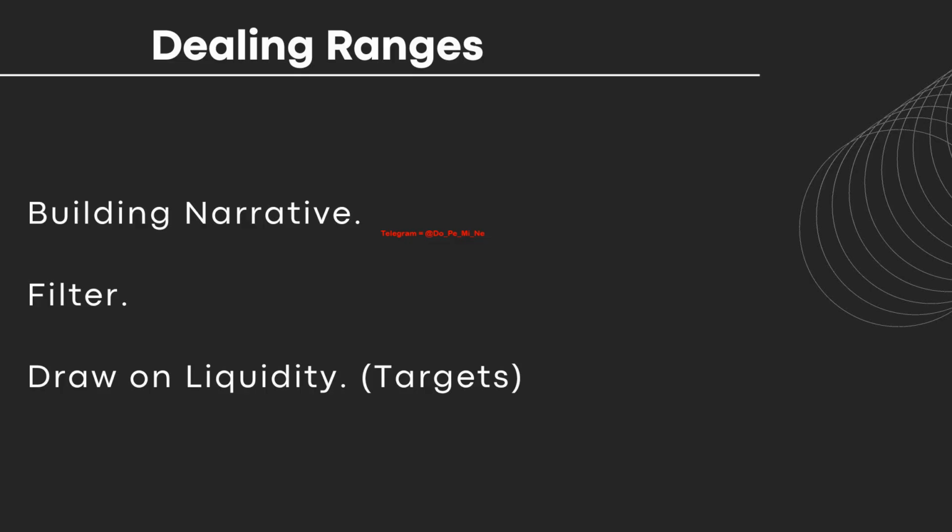The third aspect of the dealing range is that it can be used for determining and refining your draw on liquidity. Let me tell you how. For example, if we are in a bullish market condition with a bullish dealing range, we know that price will tend to retrace to a discount key level before moving higher.